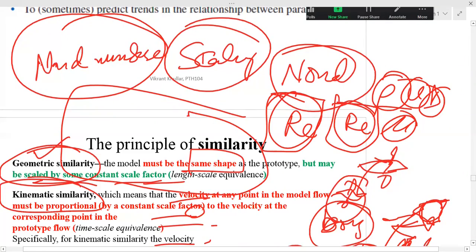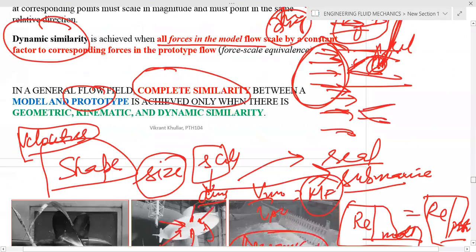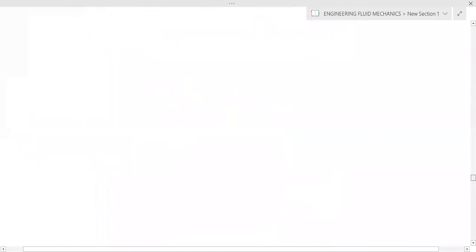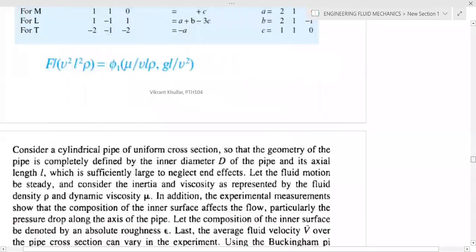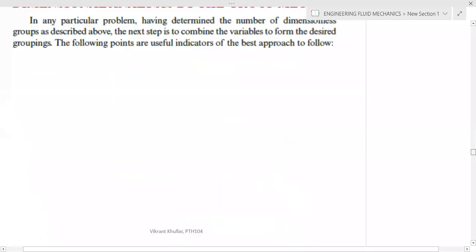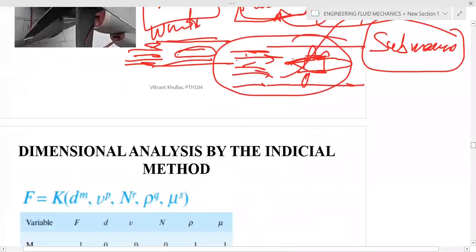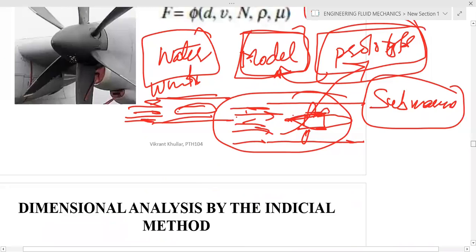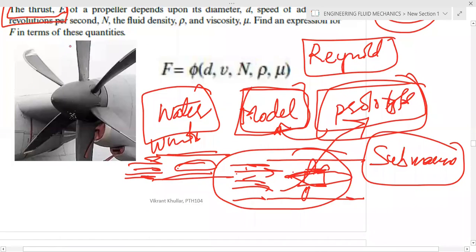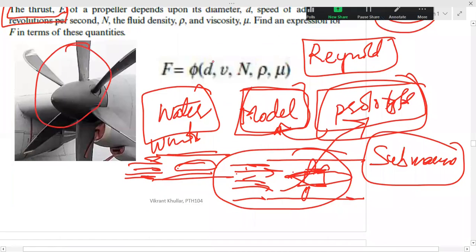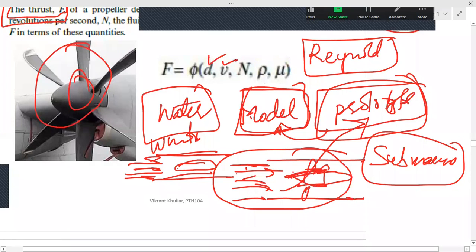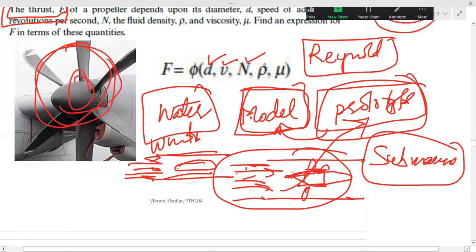Now we are coming to a concept in which we will be looking at how to find out those non-dimensionalized numbers. So in this example, a propeller thrust is given to you as a function of diameter of this hub, velocity, then RPM of these blades, then density of the fluid and viscosity of the fluid.